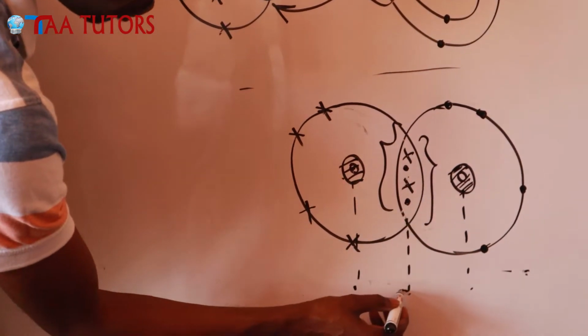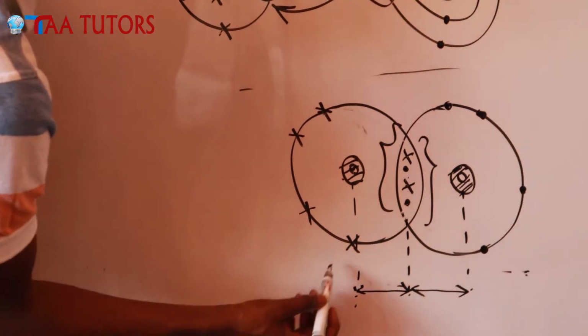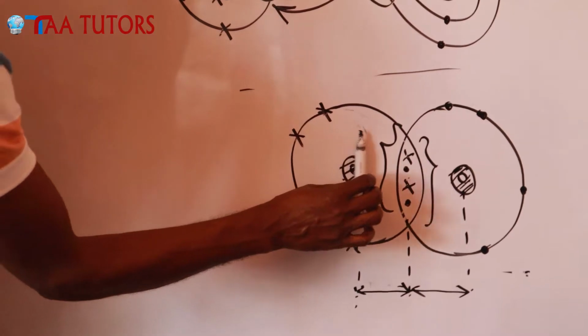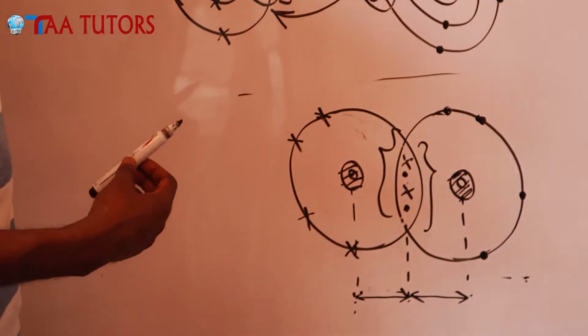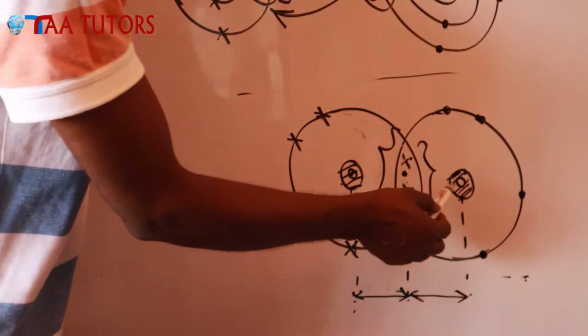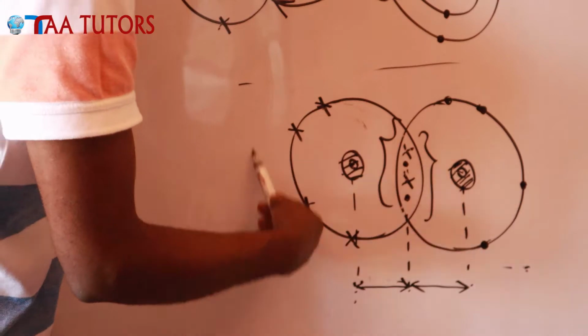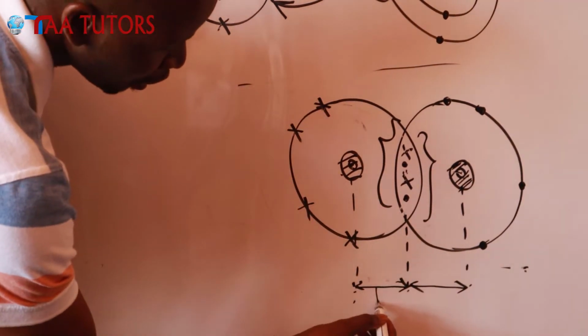So there's an attraction that occurs here and also there. If this nucleus is being pulled here and this one is being pulled there, then the only logical solution for these 2 things is to end up staying together, because this nucleus is being attracted here, and this one is also being attracted here. With that, we end up holding these atoms together. So this is where we have the covalent bond.